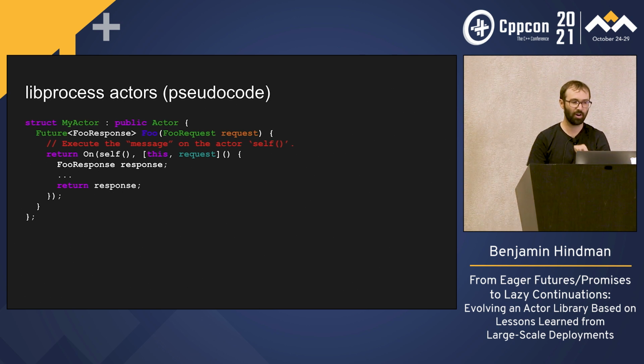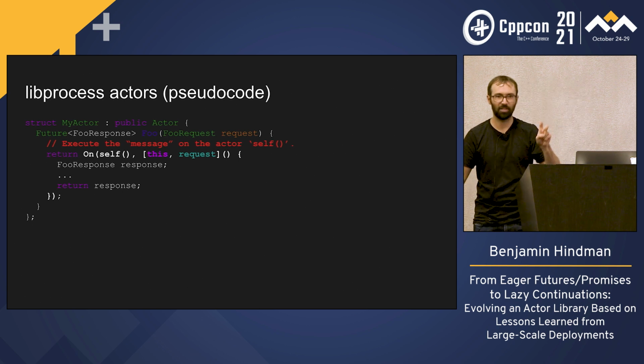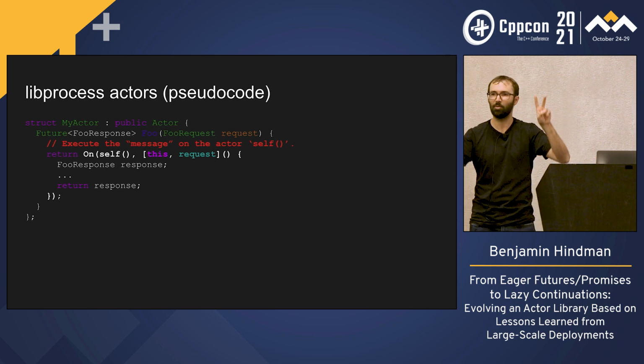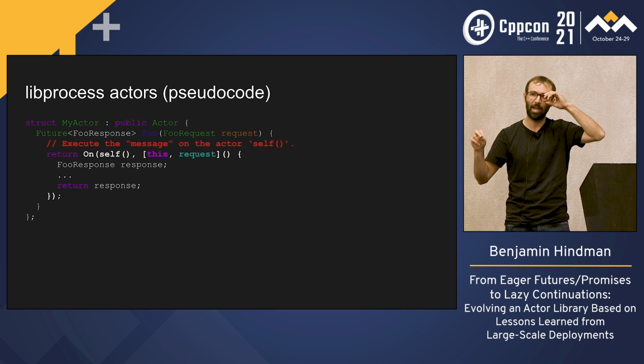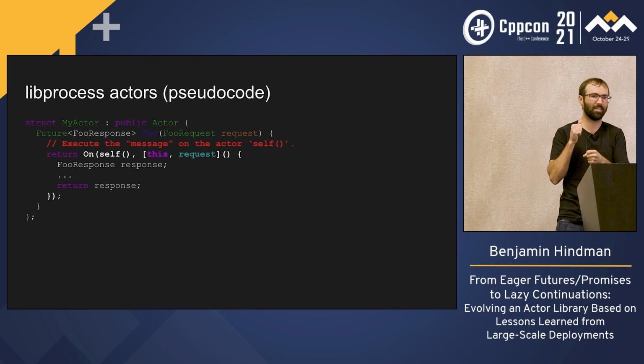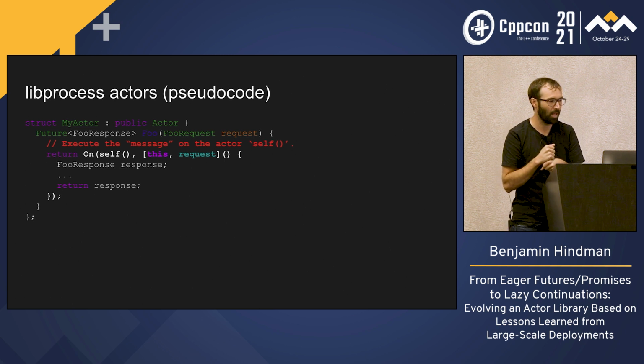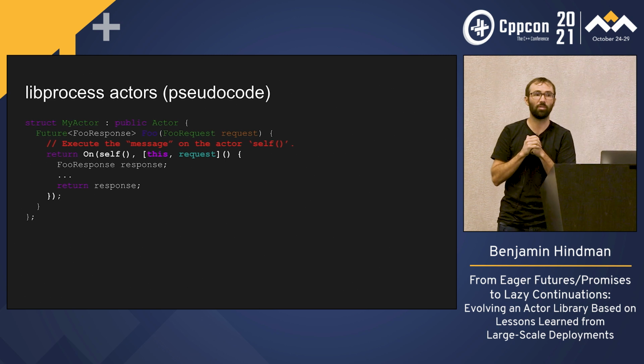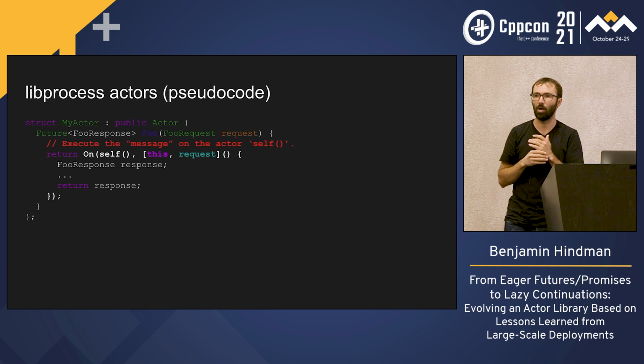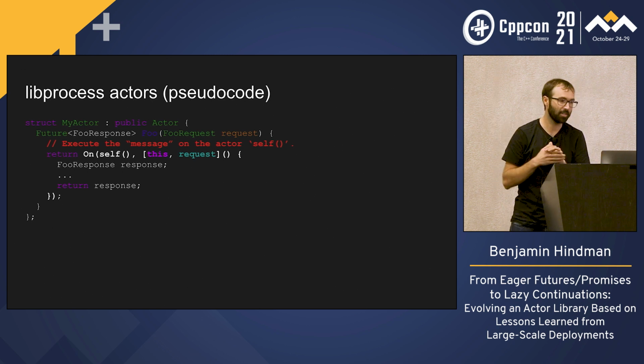So we can imagine that we've got our actor, and again, it extends from actor, but now we just have some foo function, and this foo function is going to return a future instead of a response. The way we execute this message, which is why I put message in quotes, is we effectively do the foo operation, whatever that is, by calling this special function called on, which we get from our actor parent, okay?